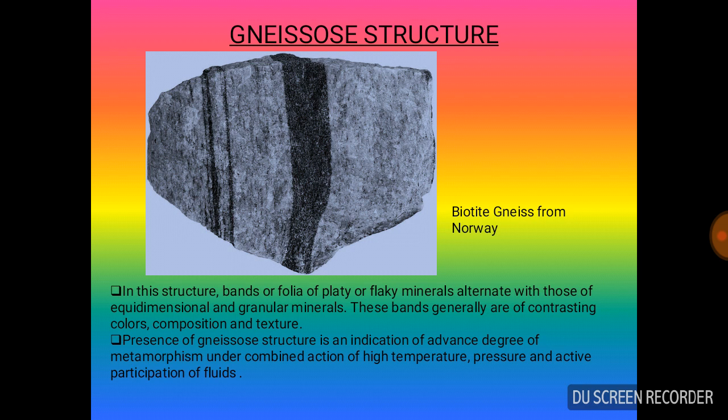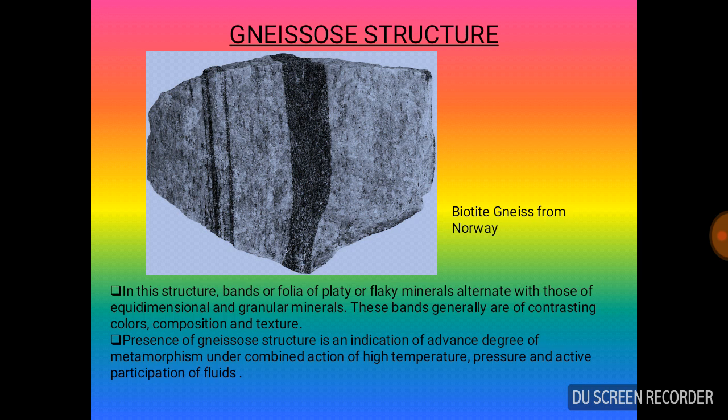The presence of gneissose structure is an indication of an advanced degree of metamorphism under the combined action of high temperature, pressure, and active participation of fluids. Most of the time, the rock is characterized by alternate dark and bright colored layers. The light colored bands are generally composed of quartz and feldspar, whereas the dark colored bands are composed primarily of ferromagnesian minerals.